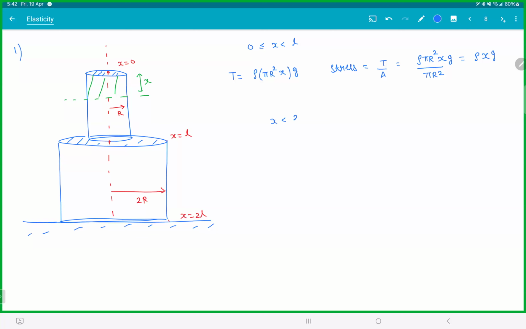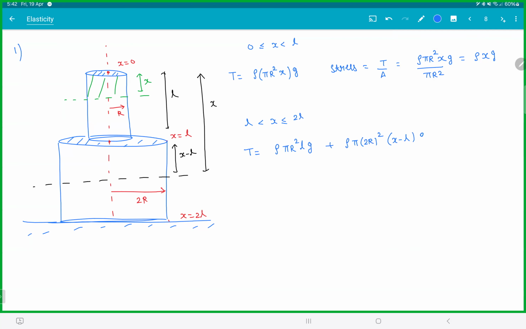If you take x between L and 2L, there will be a discontinuous function. That means if you take till here, remember you're choosing this whole thing as x. Then this length will be x minus L, and this length will be L. So for this, the tension would be density times pi r square L g, that is the upper cylinder, plus rho pi 2r whole square into x minus L g, this is the lower cylinder.